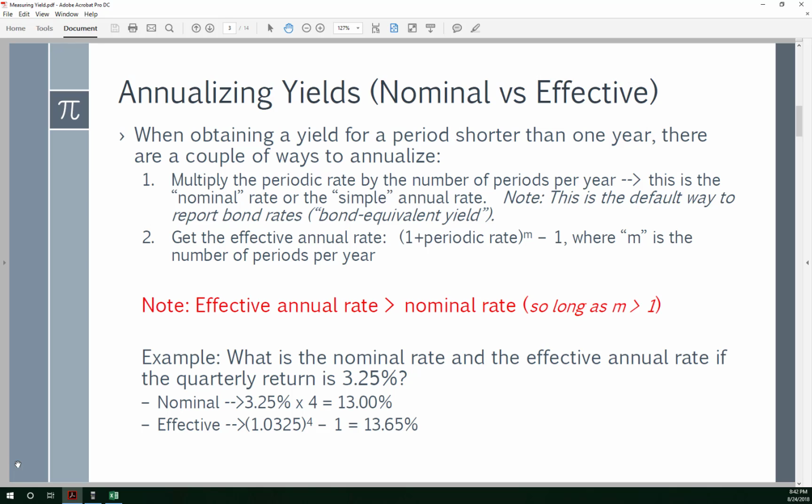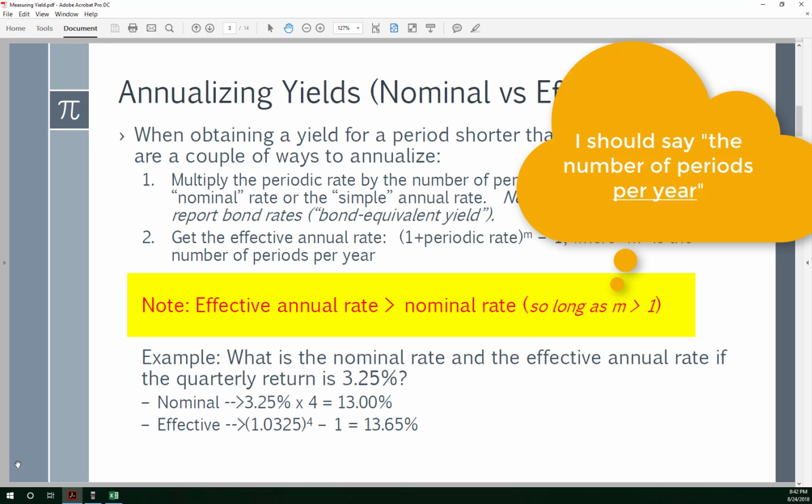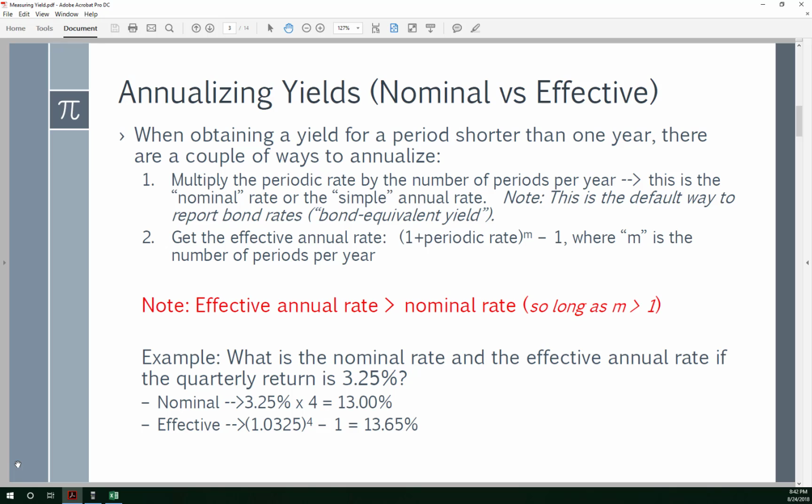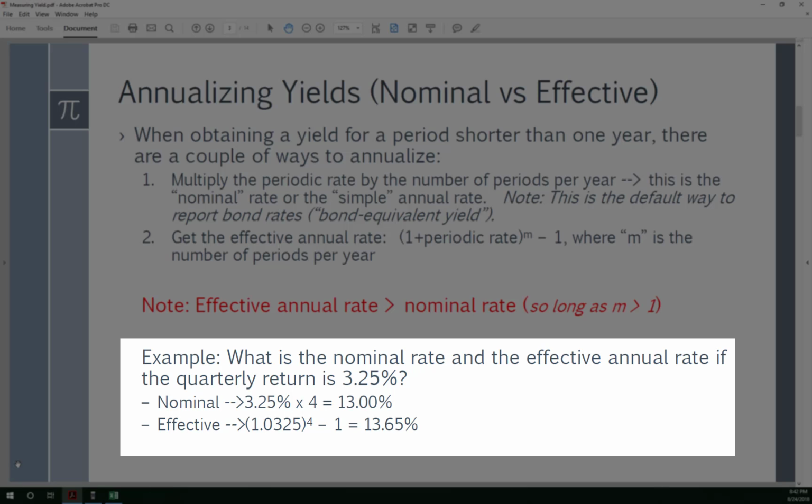So the effective annual rate is always going to be bigger than the nominal rate so long as the number of periods is bigger than 1. When the number of periods is equal to 1, then the effective annual rate and the nominal rate will be the same thing.